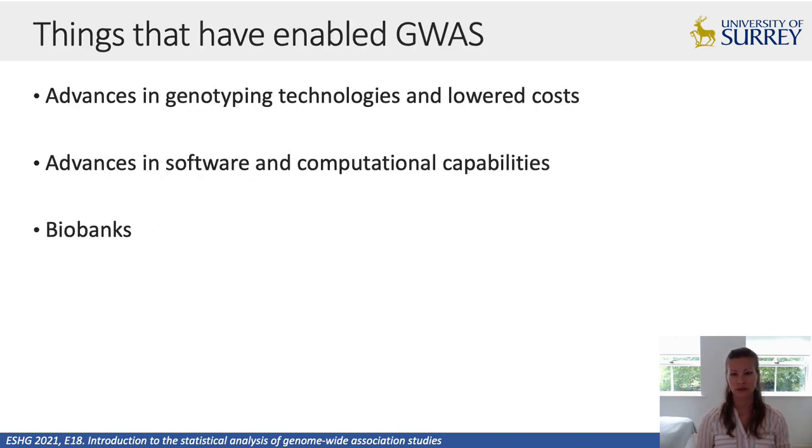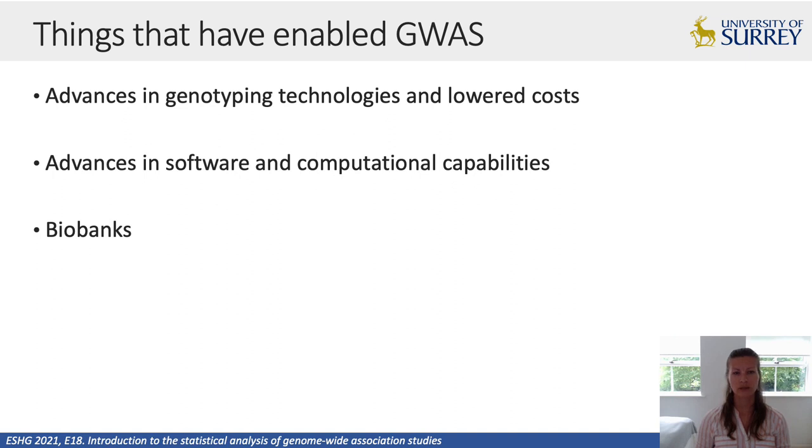So why were GWAS studies not done already previously? They require a lot of things. So first of all, advances in genotyping technologies were needed so that they can analyze thousands of samples efficiently, and also this needed to be cost efficient.